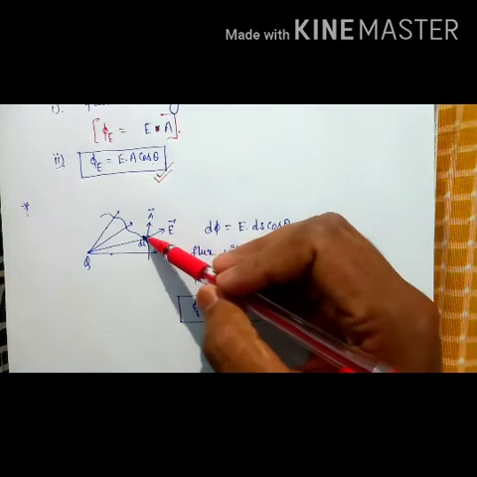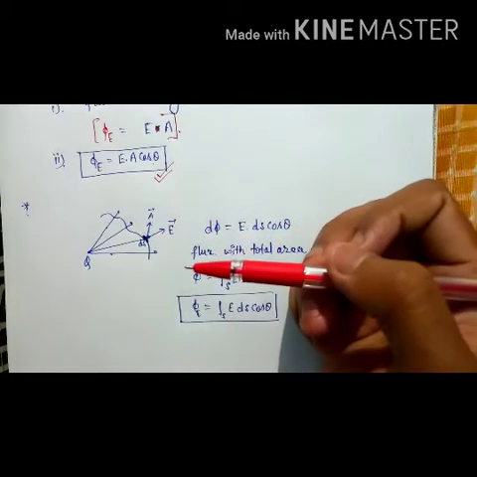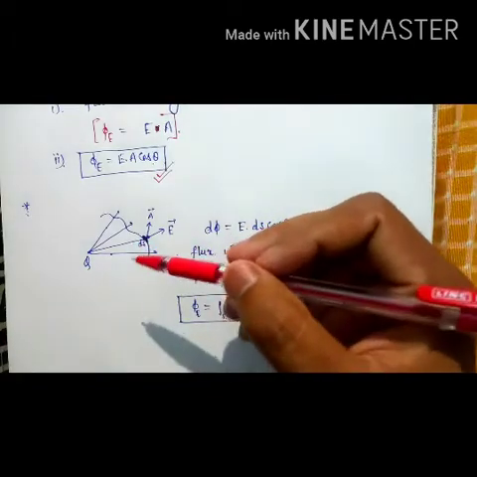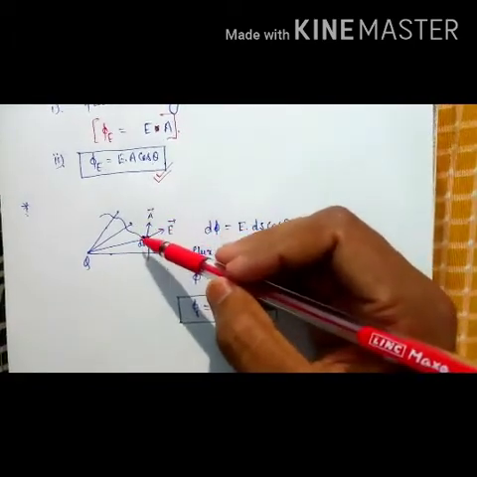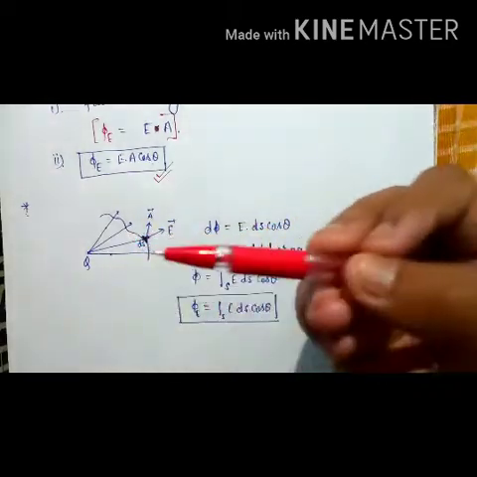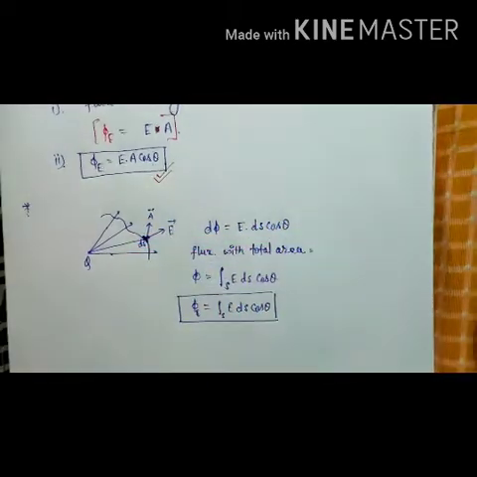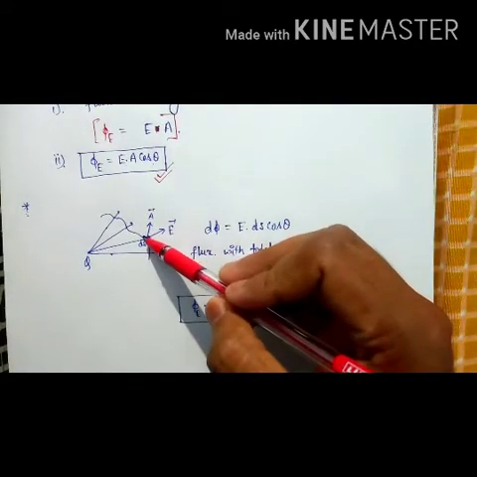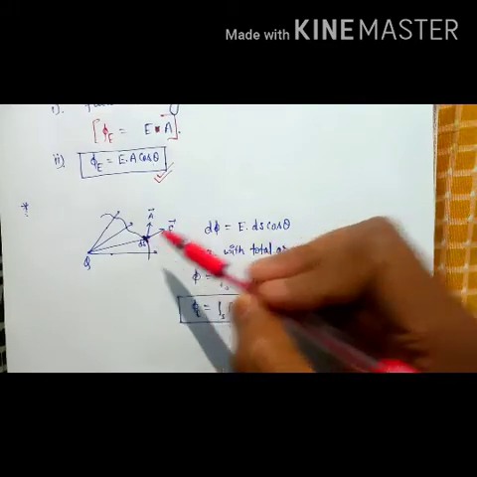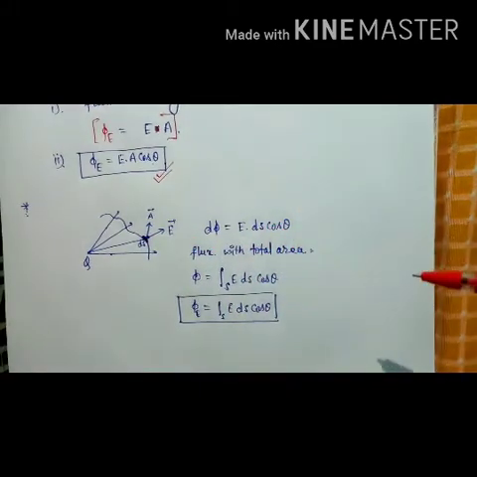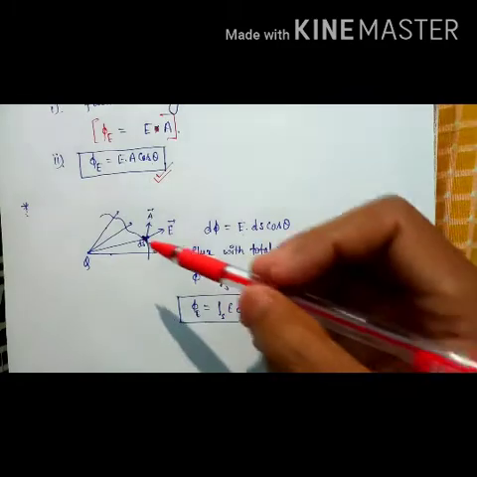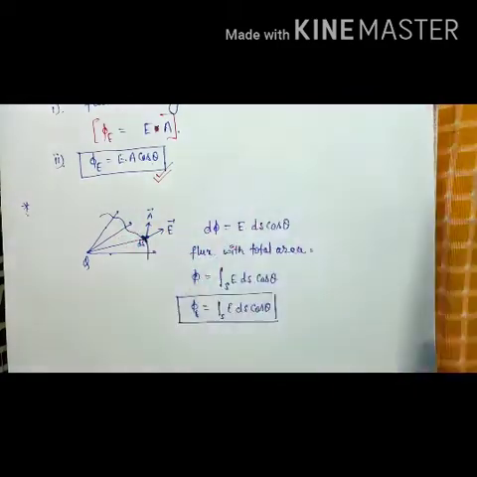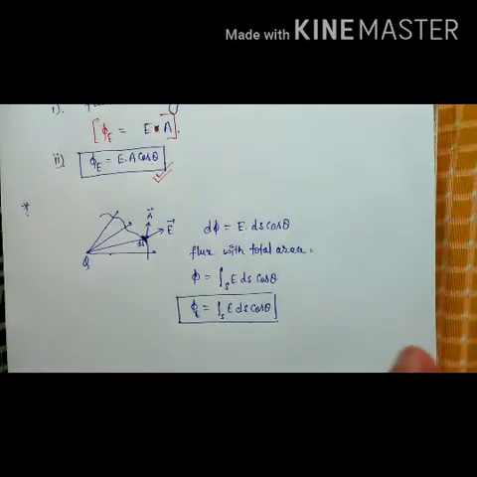The area vector is always radially outward to the surface. That is the direction of the area vector. For a very small area, we can find d phi is equal to E dot dS cos theta.